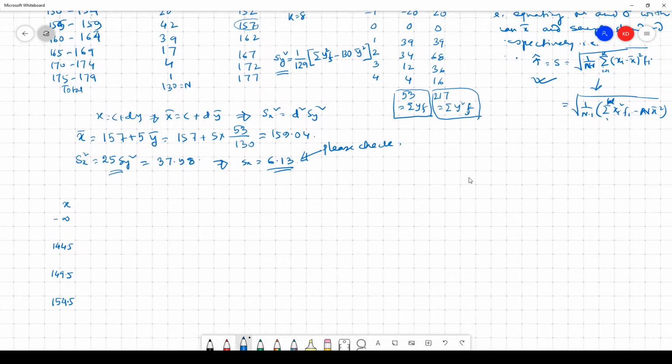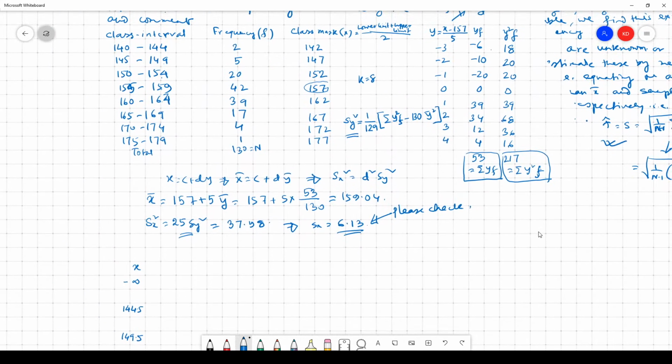If you look at these, these are the class interval. So we know the formula to convert class interval to class boundary. Just take consecutive two classes. Suppose I consider the first class and second class, and take the lower limit of the second class, that is 145, and the upper limit of the first class, that is 144. Subtract and divide by 2, so this gives 0.5.